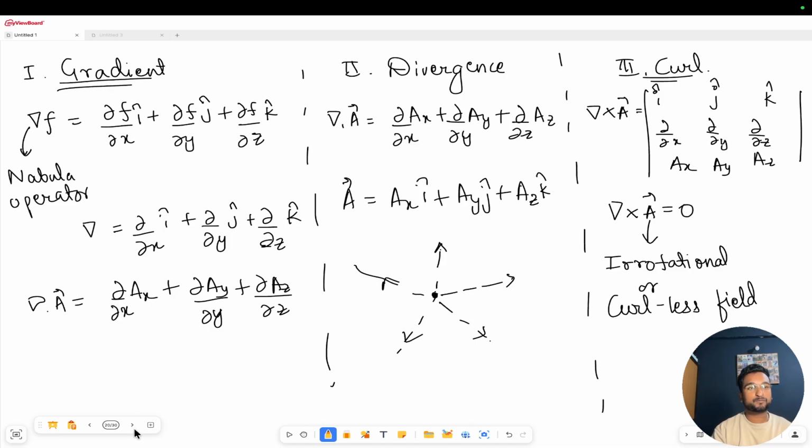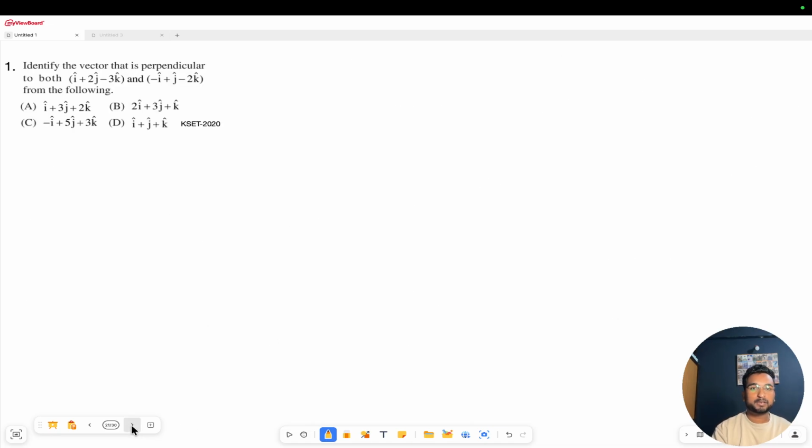So we should move to questions from here. Some questions will be very basic, which we study from 12th, related to vectors. So see, what is this? Identify the vector that is perpendicular to both this vector field and this. So you have to calculate a vector which is perpendicular to these two vectors.